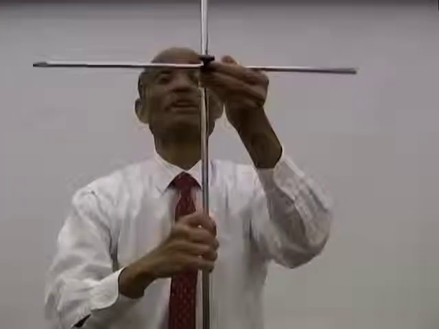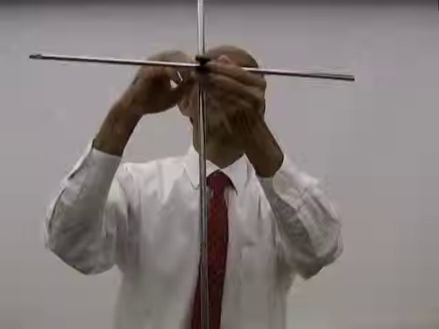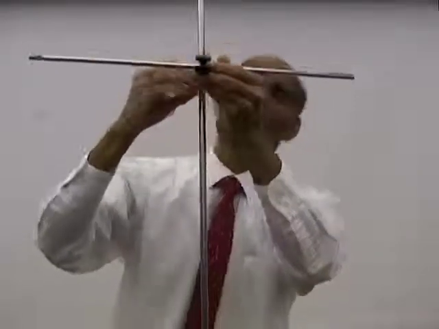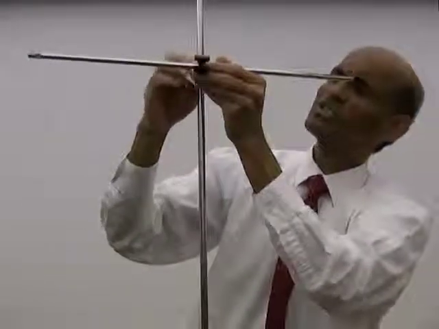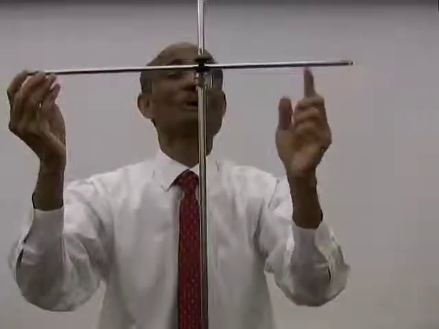Now, a couple is constituted by two equal and opposite parallel forces so that their points of action are different. You see, only if their points of action are different will the couple produce rotation. If the points of applications are the same, a couple cannot produce rotation.